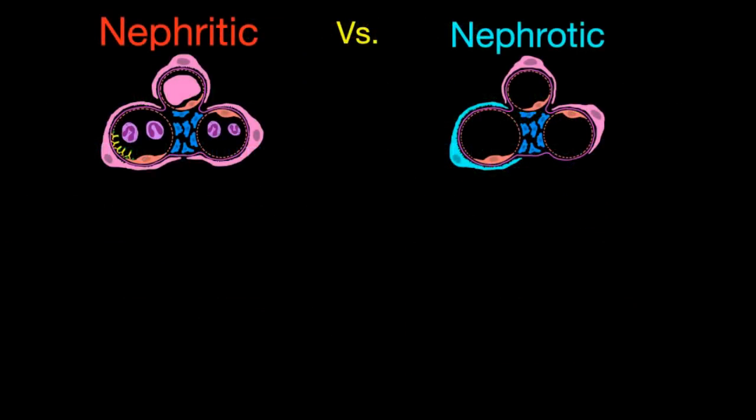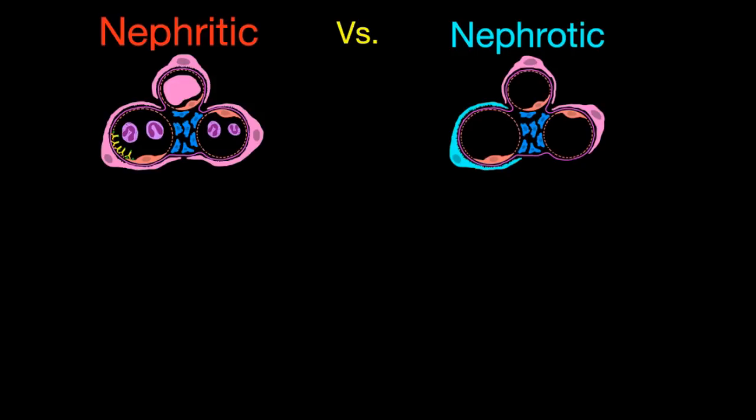Okay, now for the most important part of the slide, understanding nephritic syndrome versus nephrotic syndrome and how we interpret the urine. You may hear us use the term nephritic urine sediment versus a nephrotic urine. This is essentially what I want you to take away, because you are going to be tested on this on your exams, but also in real life.